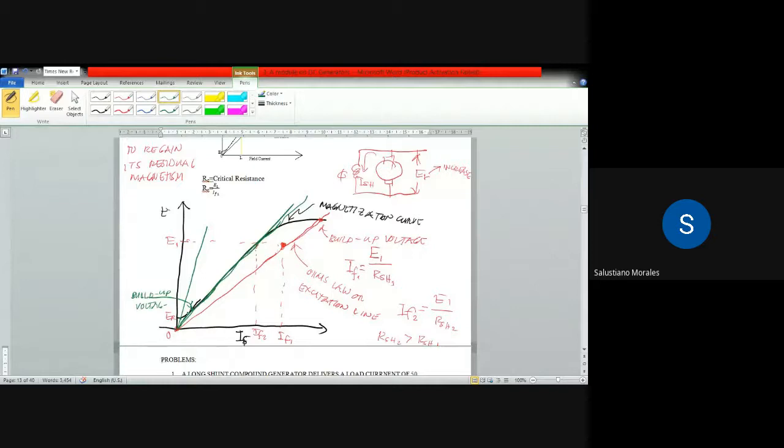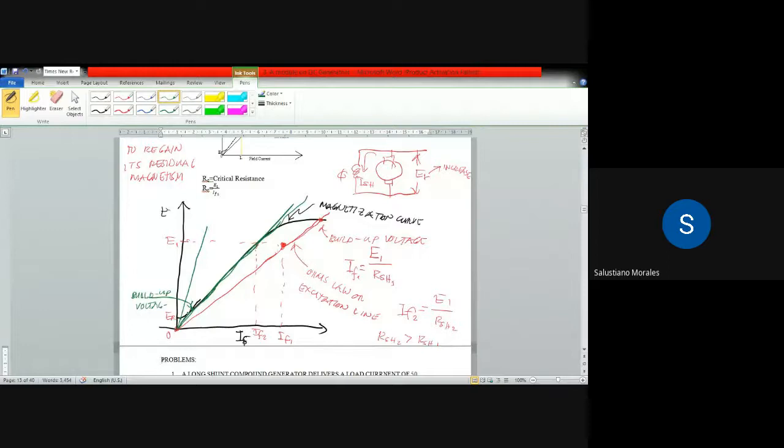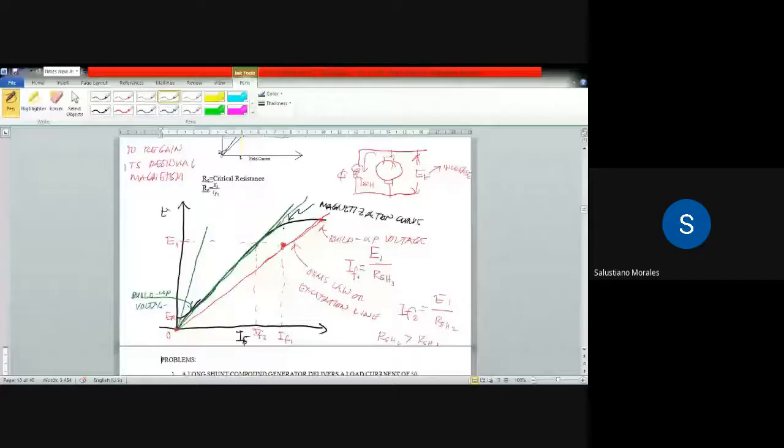So what will happen is we're going to decrease the resistance until such time that the curve is just like the first curve that we drew.